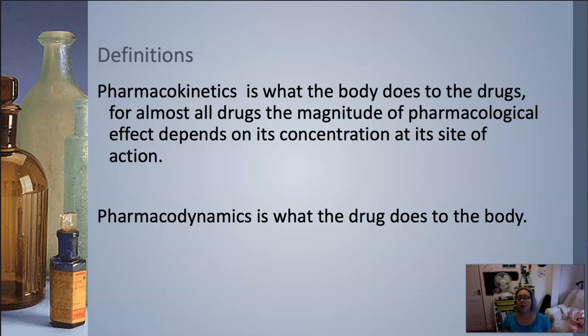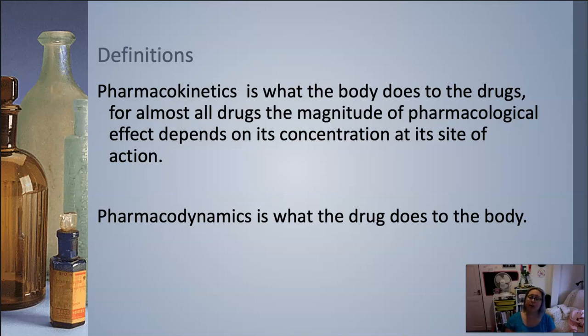It says for almost all drugs, the magnitude of pharmacological effect depends on the concentration at its site of action. So this means when we take a medication, we don't always get the full amount available for use once it's within the body.